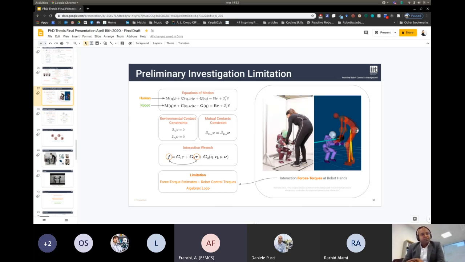Would that be another way to implicitly include the external force in the loop and cope if it's going against the motion, the desired task, or exploit it if it's going in the direction of the desired task?